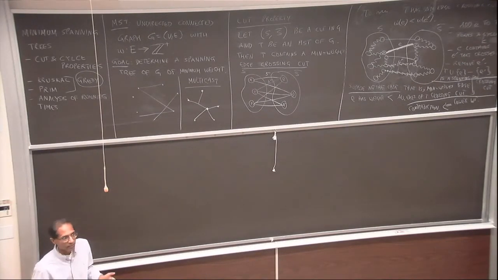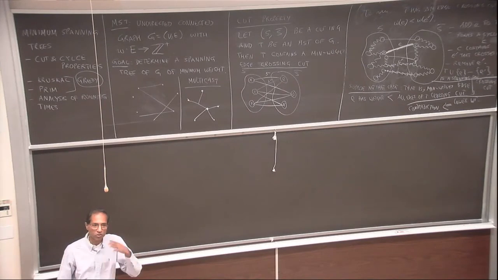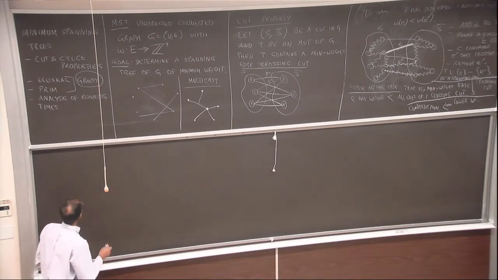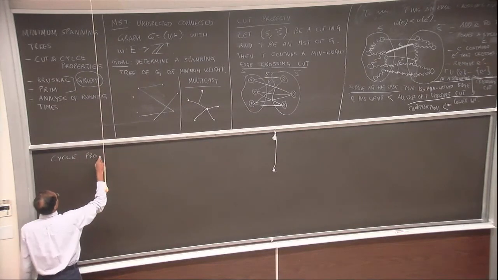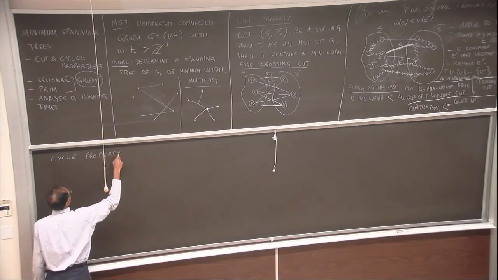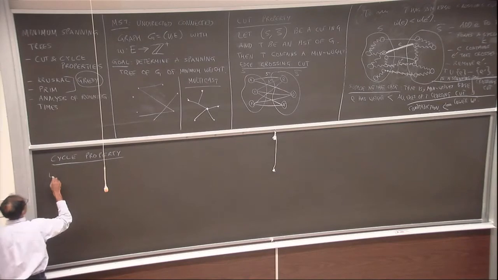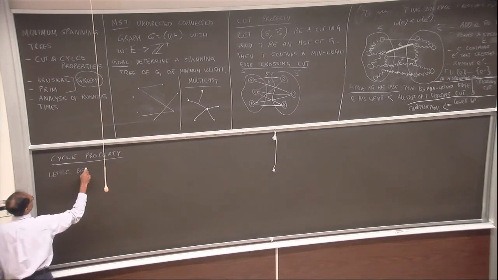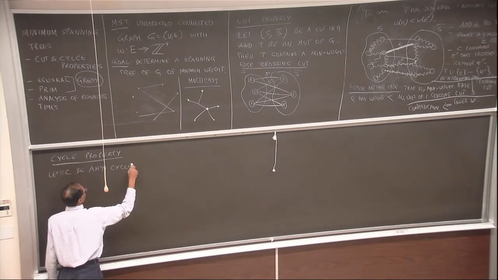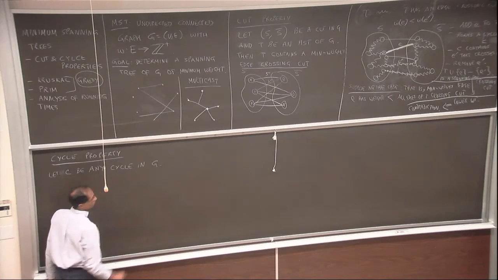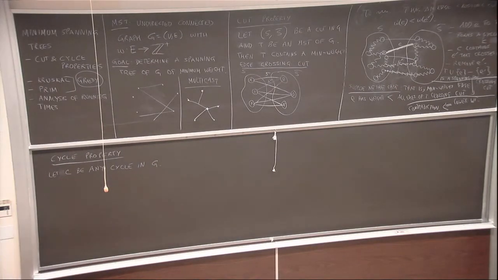The cycle property tells you what your minimum spanning tree should not have. Okay? Cycle property. Let C be any cycle in G.